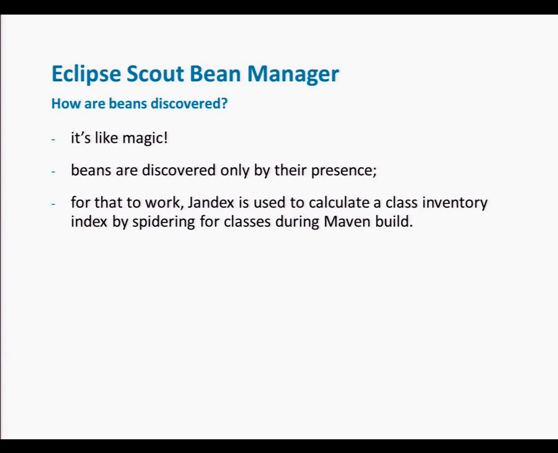When running out of the IDE, like I did before, in development mode, that index is calculated on the fly on application startup. So I can do easy development, but if I'm running in a server container, whatever, it's calculated by Maven. So that's quite all of my part.